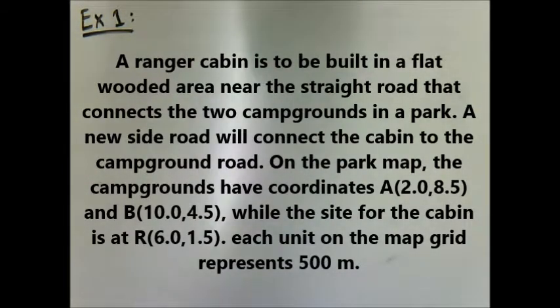A ranger cabin is to be built in a flat wooded area near the straight road that connects the 2 campgrounds in a park. So we've got the 2 campgrounds, A and B, and we have that road, and they want to build the cabin.